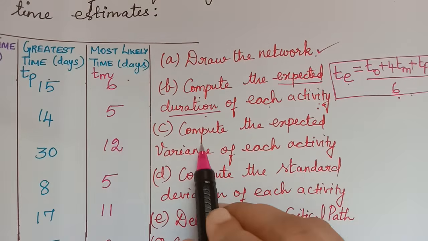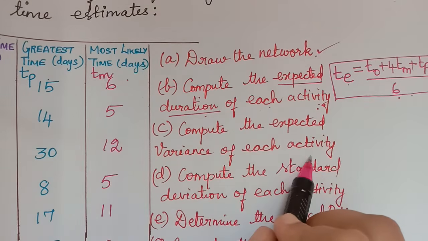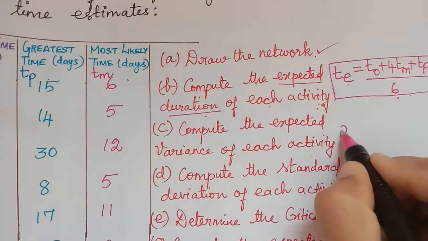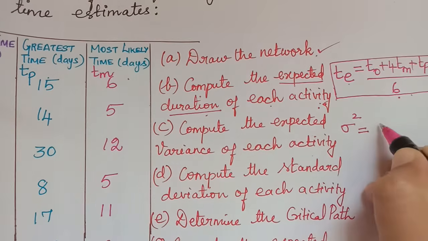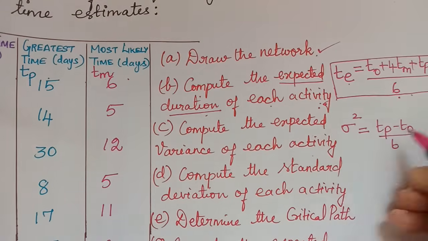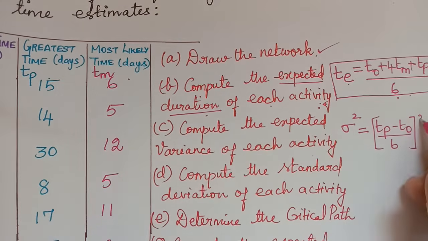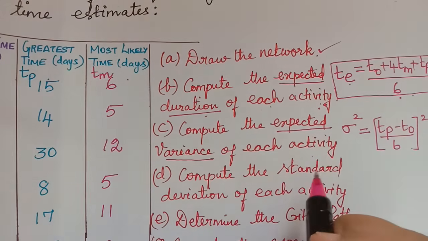The third question is compute the expected variance of each activity. And the formula for that is sigma square, which is equal to ((TP minus TO) divided by 6) the whole square. So this gives us the expected variance of each activity.